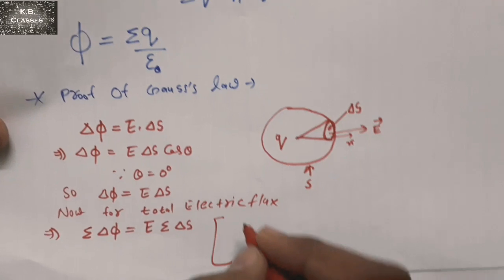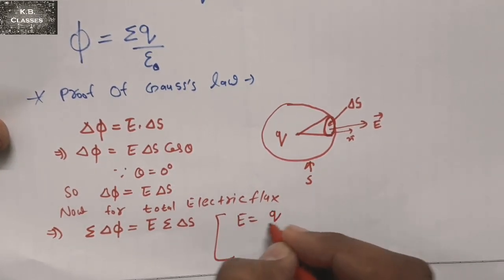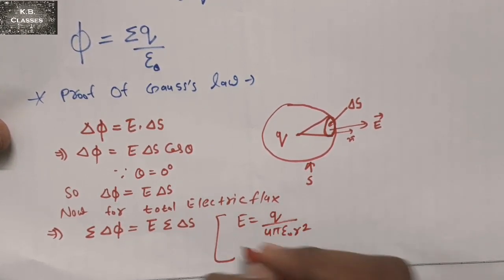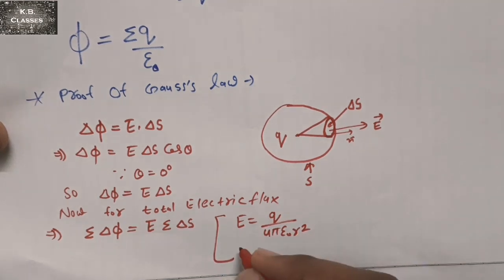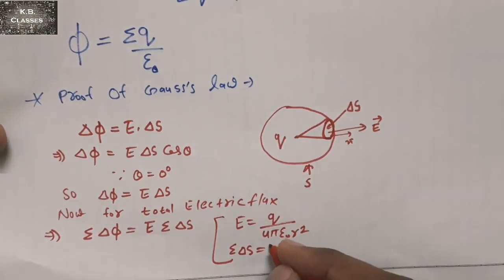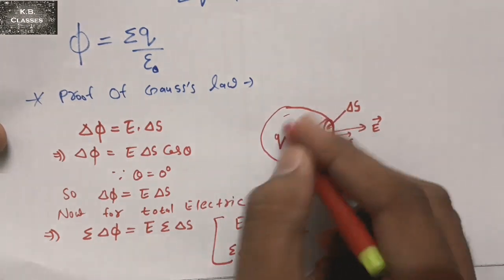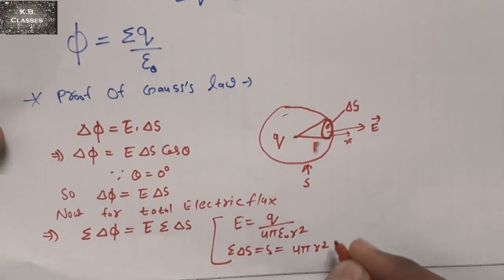Then we put E equal to q upon 4 pi epsilon naught r square. This is the formula of E. We know that E equals kq upon r square. And summation delta s means the total surface area, the surface area of the sphere, because this is a spherical shape, and you know that the area of a sphere is equal to 4 pi r square.